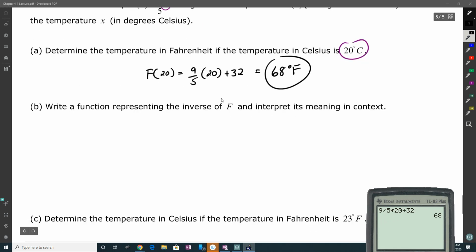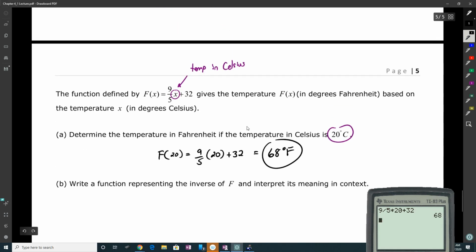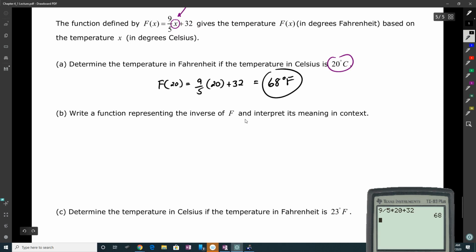Write the function representing the inverse of f and interpret what it means in this context. So now they want me to find f inverse. So if f of x equals 9/5 x plus 32, they want me to find the inverse. So I'm going to do exactly what I did in the previous section. Then I'm going to swap.